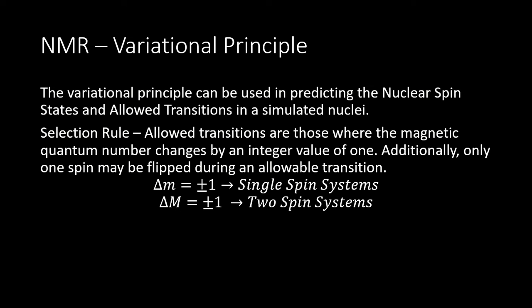For coupled systems, like a system of 2 nuclei, that would be the overall magnetic moment, which is the sum of the individual magnetic moments, and whatever those add up to, the change from one transition to another for the total, or delta capital M, should still be plus or minus 1.